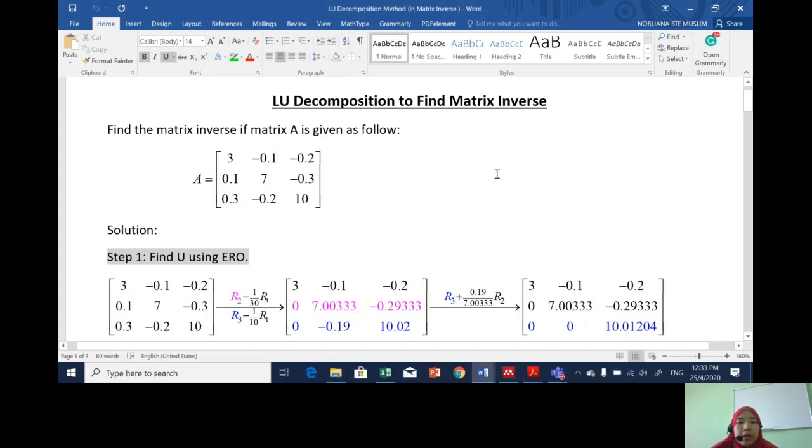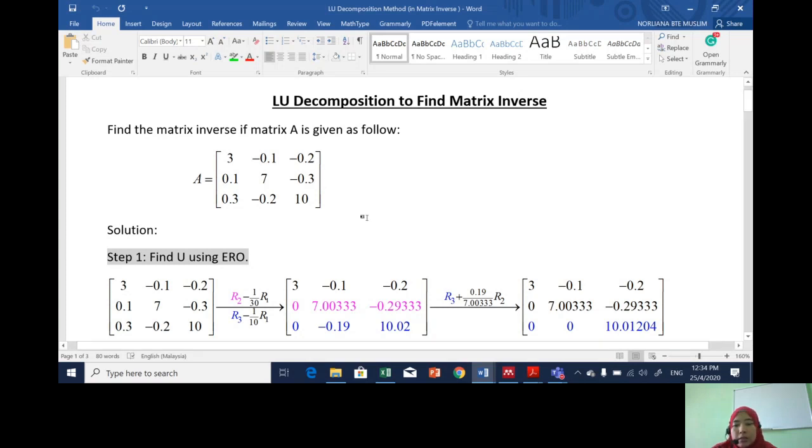In this screen it shows how the LU decomposition method is used for finding the matrix inverse. Let's consider that we have this matrix A given here. It is a 3 by 3 matrix. You already learned in the previous subject, Mathematics 1, how we can find the inverse of a matrix using the ERO method, or other methods such as the sum of cofactors.